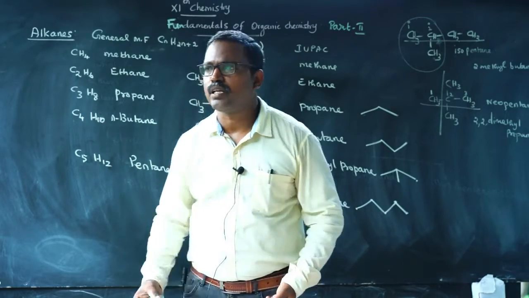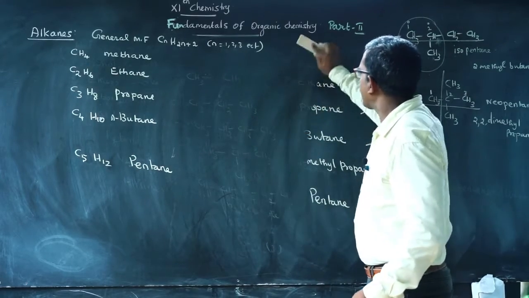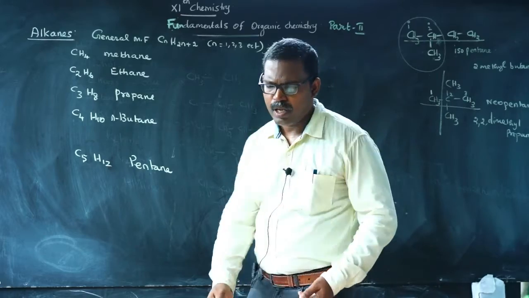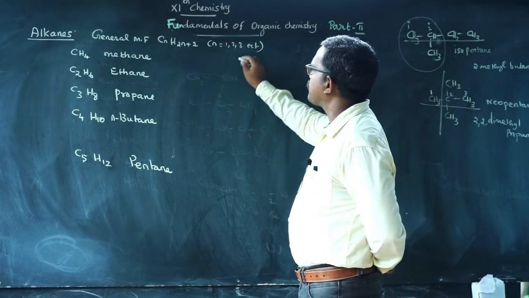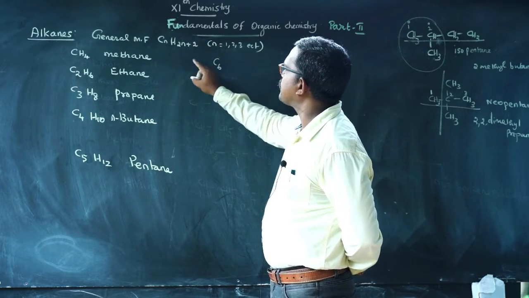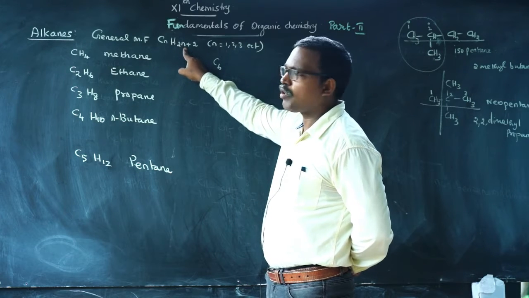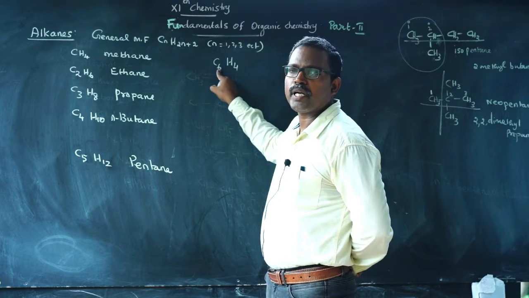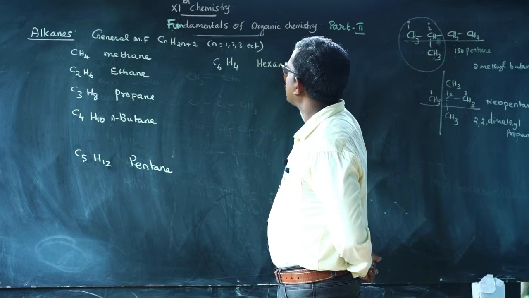Suppose you are trying with carbon number 6. First, you find out the molecular formula: C6, 2 into 6 is 12, plus 2 is H14. With 6 carbon atoms, the parent hydrocarbon is hexane.